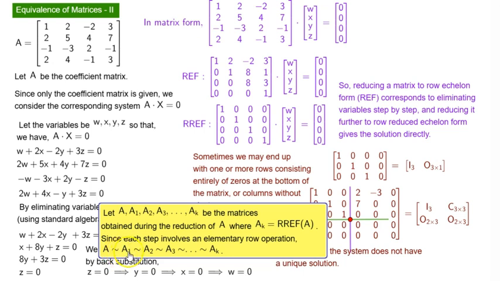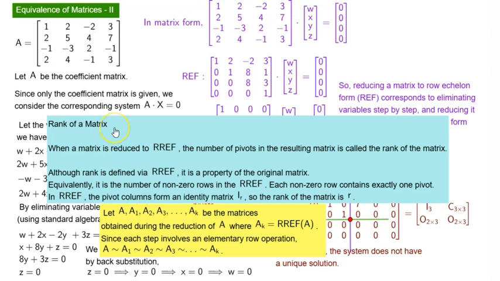A is equivalent to A1, which is equivalent to A2, which is equivalent to A3, and so on till we reach A sub k, which is the row reduced echelon form of A, which also means that A is equivalent to any REF which is equivalent to row reduced echelon form.